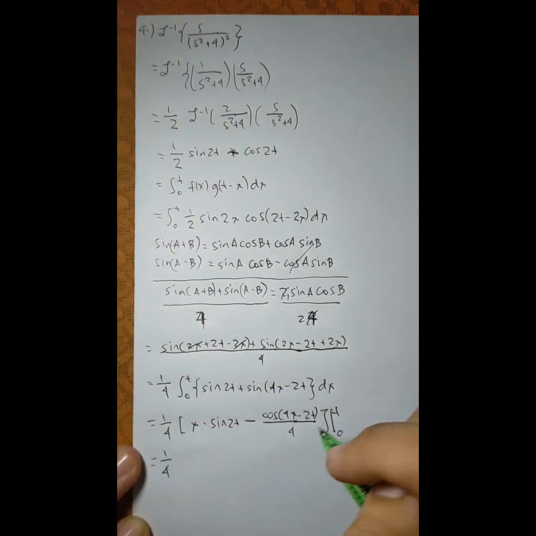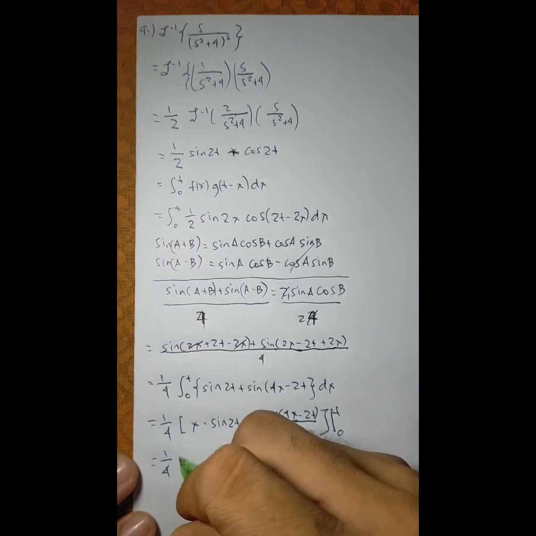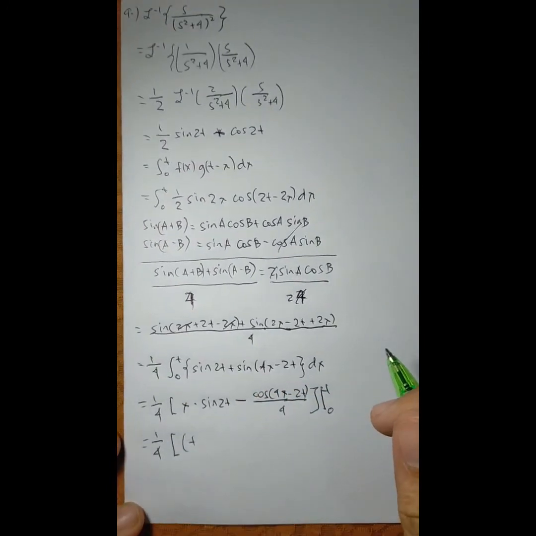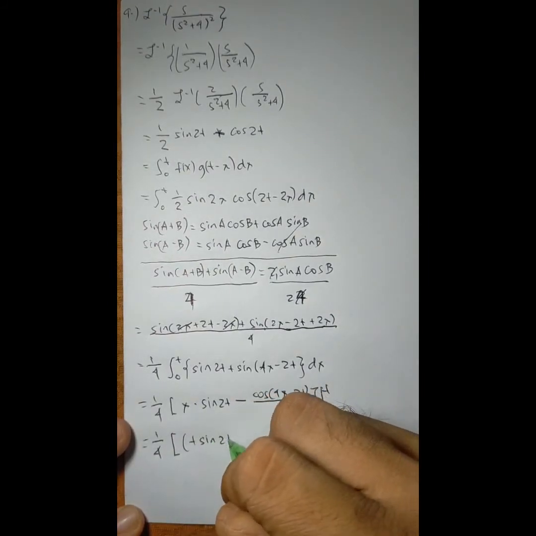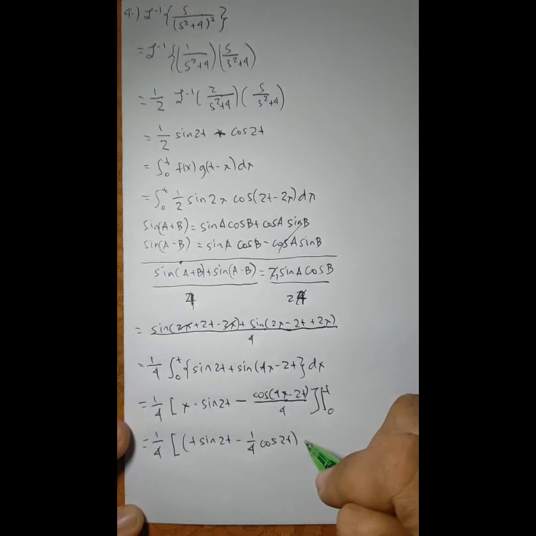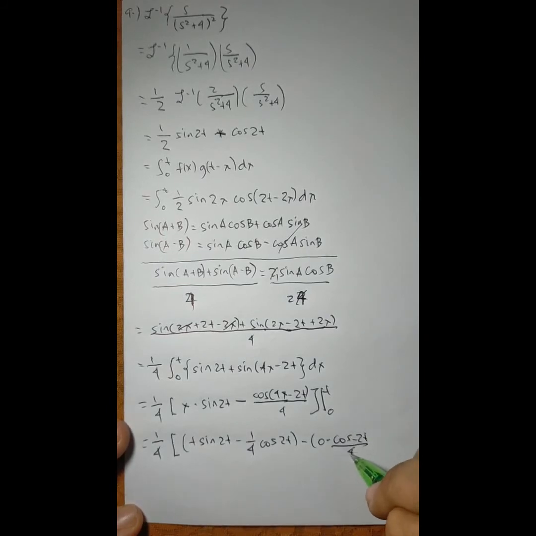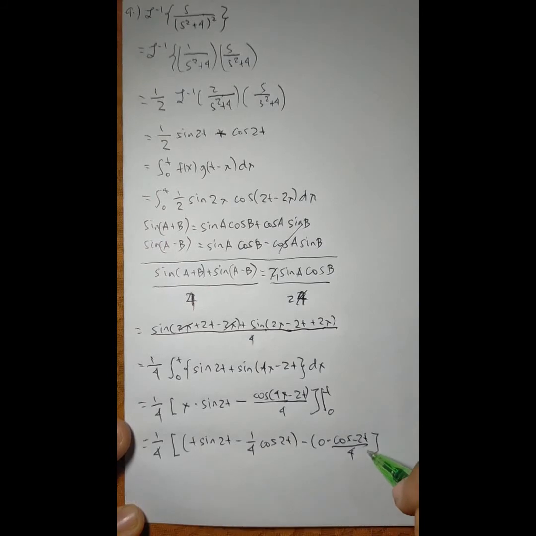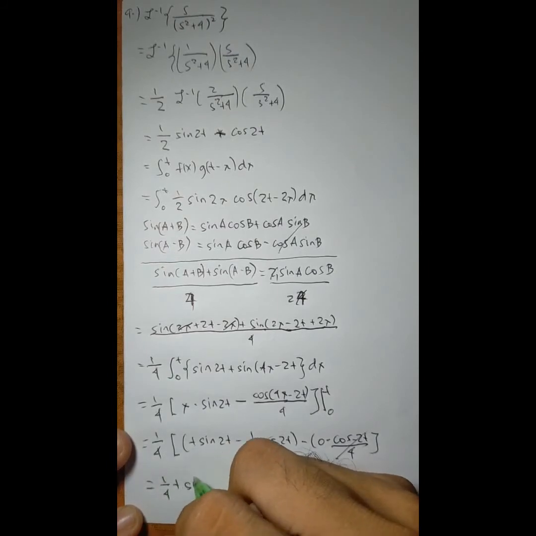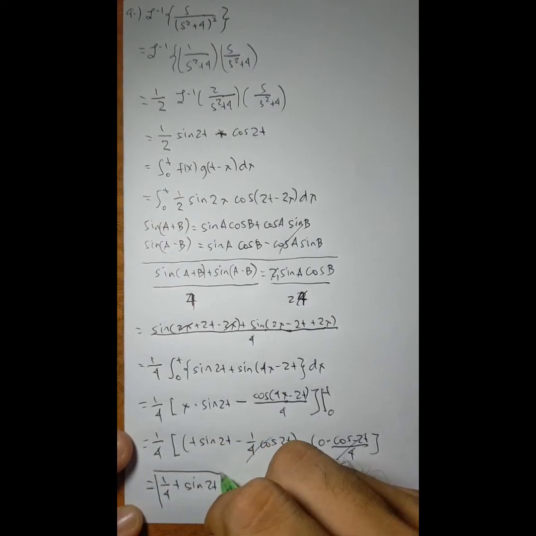And we will substitute the upper limit and lower limit so that we have t sine of 2t minus 1/4 cosine of 2t, minus 0 minus cosine of minus 2t over 4. And we will cancel, so what is left is 1/4 t sine 2t, and this is our final answer.